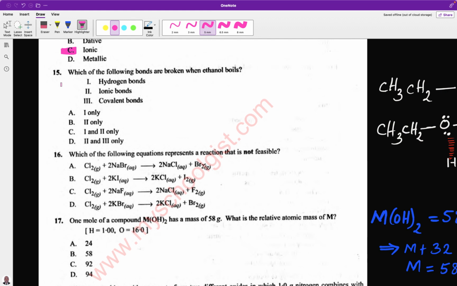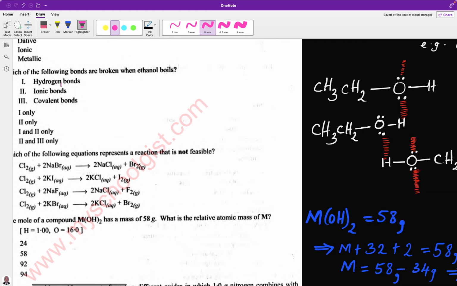15. Which of the following bonds are broken when ethanol boils? Remember that ethanol is a molecule. Look at it.